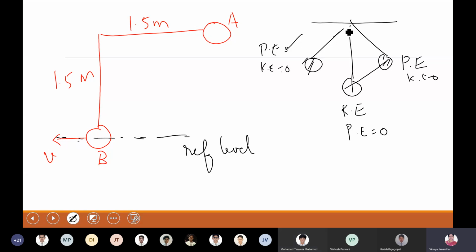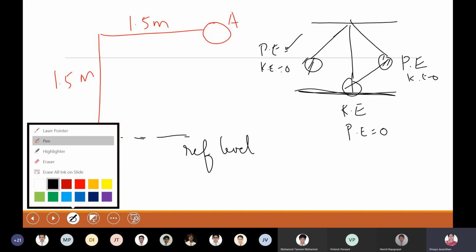When you have a simple pendulum, at the extreme positions, the energy is totally potential, kinetic will be 0. Now, at the mean position, when the pendulum comes to the rest position, the energy is totally kinetic, potential will be 0 because this is taken as the reference level. You have to keep this in mind, boys.